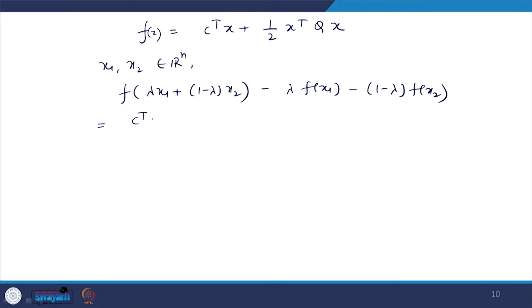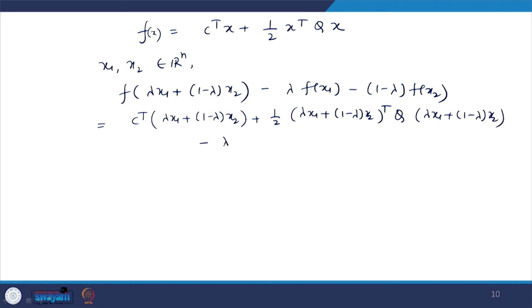This is f(x), so this is C transpose of lambda x1 plus 1 minus lambda x2, and then plus 1 by 2 lambda x1 plus 1 minus lambda x2 whole transpose Q into lambda x1 plus 1 minus lambda x2, minus lambda times C transpose x1 minus 1 by 2 x1 transpose Qx1, minus 1 minus lambda times C transpose x2 minus 1 minus lambda times 1 by 2 x2 transpose Qx2.